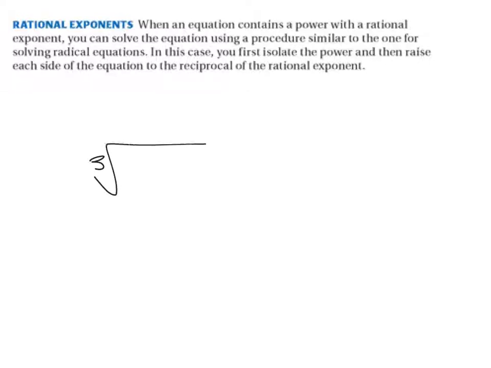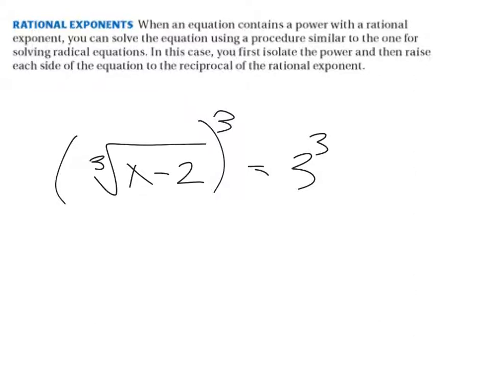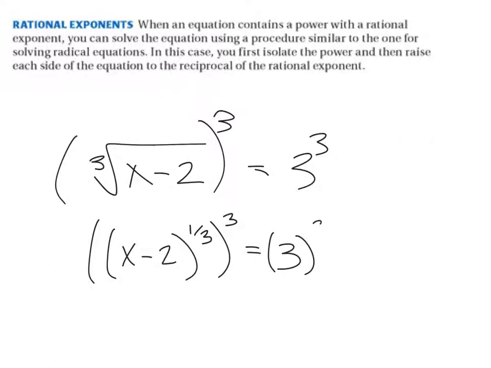Just like a few minutes ago, I would raise both sides to 3 to cancel out the radical. Well, this is the same as what we're doing. I would raise this to the reciprocal of 1/3 and get the exact same answer.